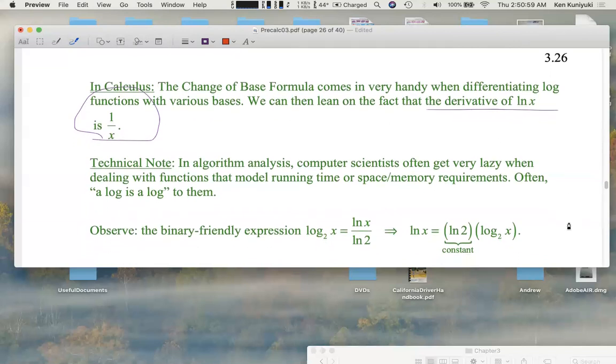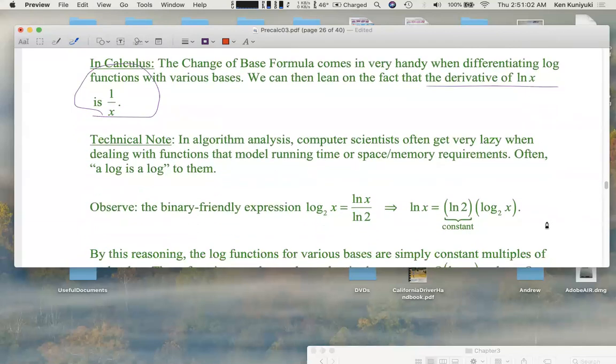Now, let's say you're a computer science major, some of you are, in algorithm analysis. Computer scientists may use this fact that log base 2 of x, or LG of x, that's a popular function in computer science, is ln of x over ln of 2. Or if you solve for ln of x and multiply ln of 2 on both sides, you get this. ln of x equals ln of 2, which is a constant, times log base 2 of x.